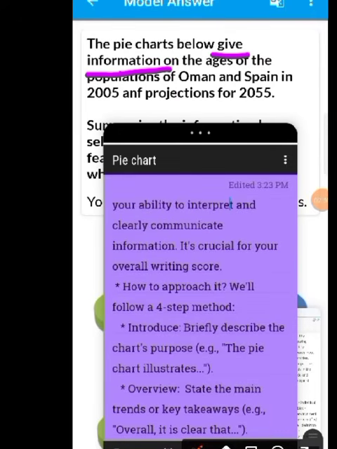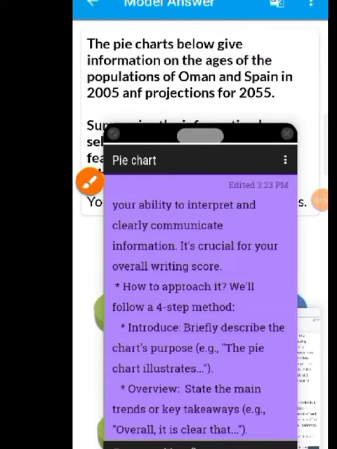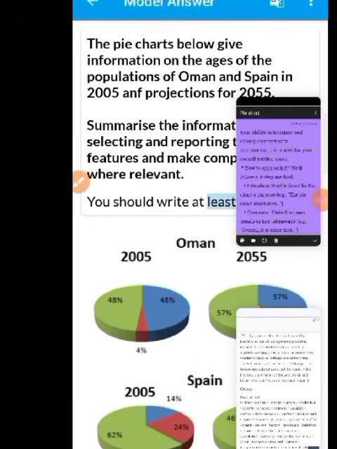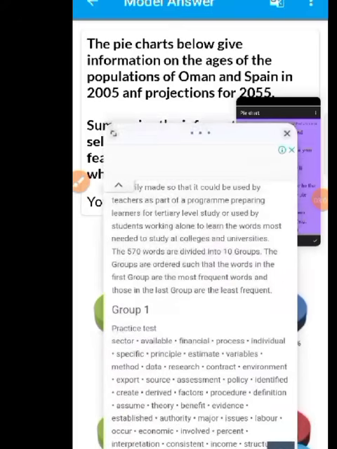When I say give information, it means you can use other vocabulary than that. For example, we can say the charts give information. Instead of give information, you can say many things. You can use any word, for example, it reflects information, it presents information, and it shows information.